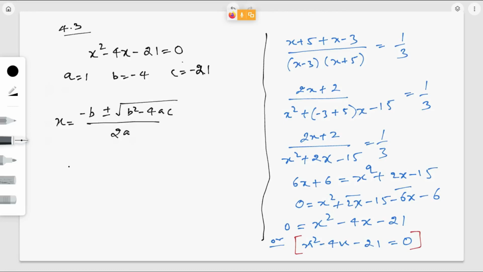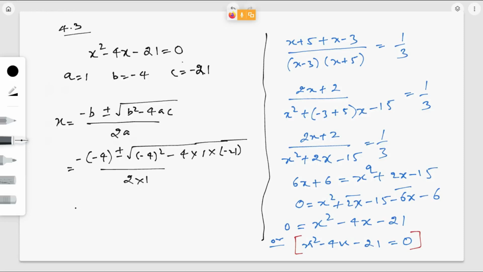Okay, now substitute this. Minus of minus 4 plus or minus root of b square, that is minus 4 whole square, and then minus 4 into a into c, that is minus 21, divided by 2 into 1.